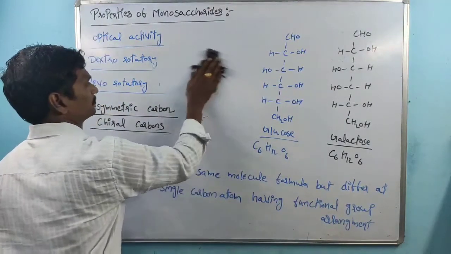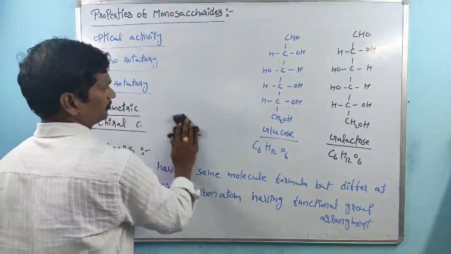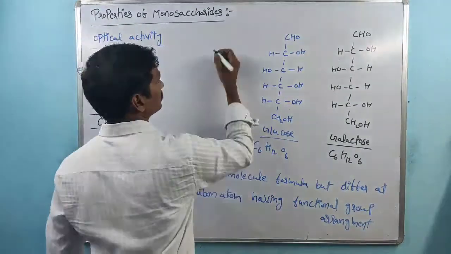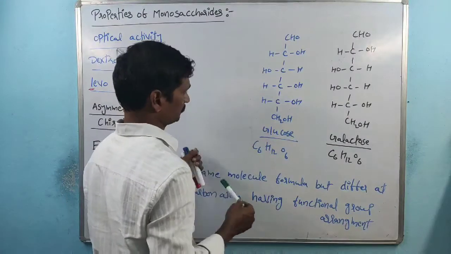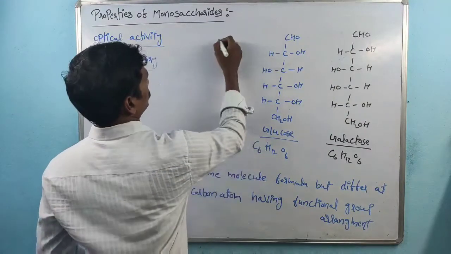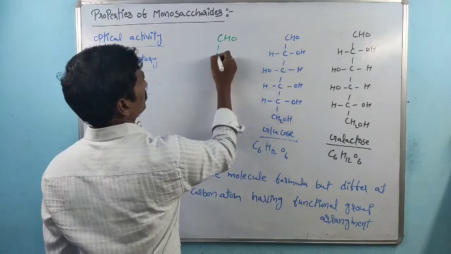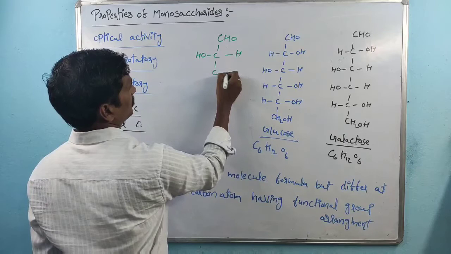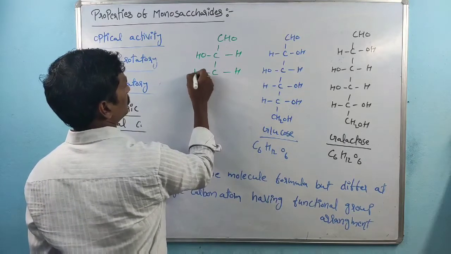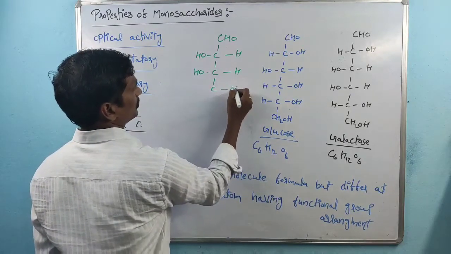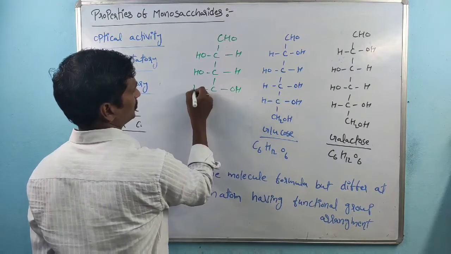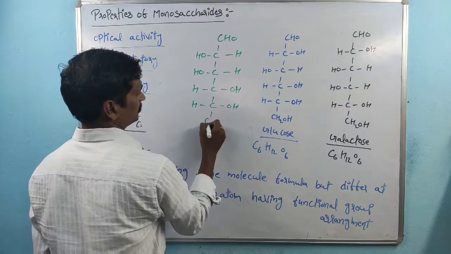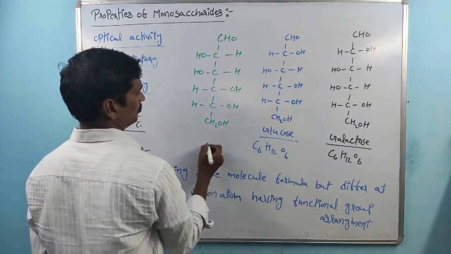And coming to the next one, mannose. In mannose, CHO, right? This is the H and this is the OH, and this is the H and this is the OH. So this is the OH, H, this is the OH, H, and this is CH2OH.